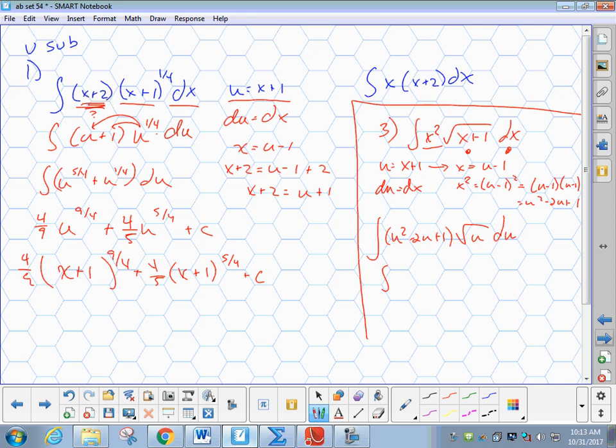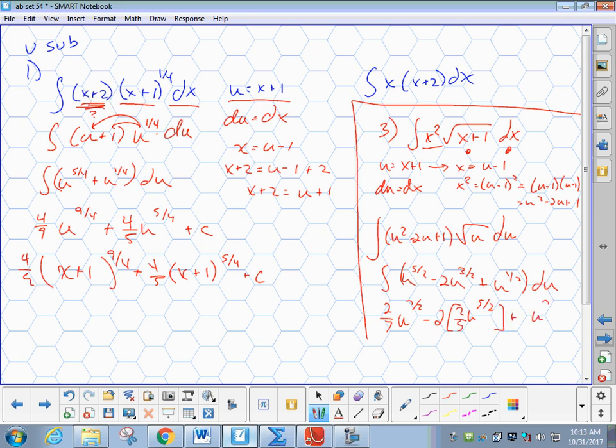Can you integrate it the way it is, or how do I clean that up? Yeah, multiply it out. So this would be u to the 5 halves, minus 2u to the 3 halves, plus u to the 1 half. Now we're ready. Raise each power by 1: u to the 7 halves, and a 2/7 out front. 2 I'm just going to leave there, u to the 5 halves, and a 2/5 out front.